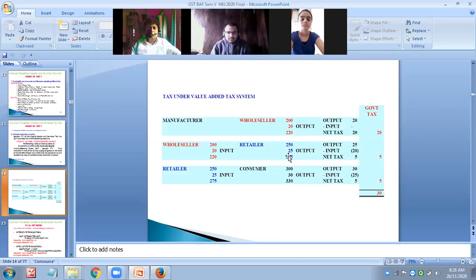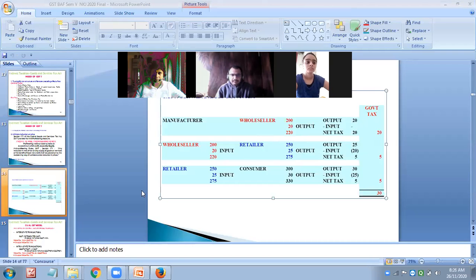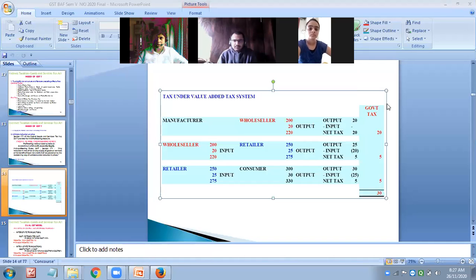25 rupees is output tax liability, and this 20 rupees is input tax credit. Try to understand. For the wholesaler, 25 rupees is output tax liability and 20 rupees is input tax credit. Agreed or not?